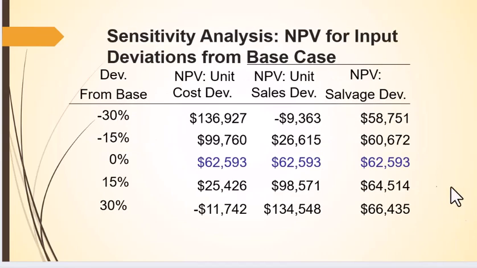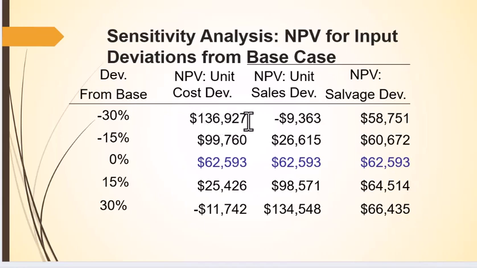So we can calculate, and here we have an example. We have the net present values that are calculated based on changes. If the unit cost goes down by 30%, what would happen to net present value? Hopefully you notice, if costs go down, value goes up.